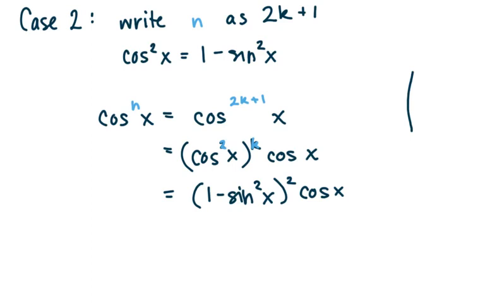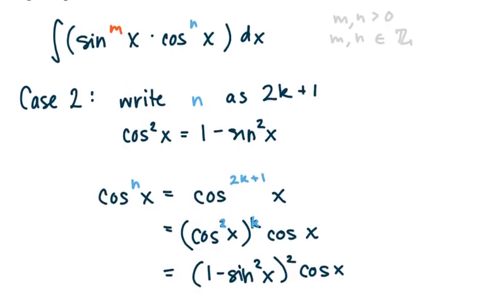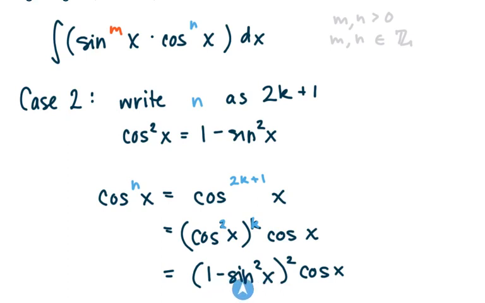If I sub that in for cosine, everything will now be in terms of sine, but I'll have this little leftover cosine here. What we do in that case is we combine the cosine x with the dx.